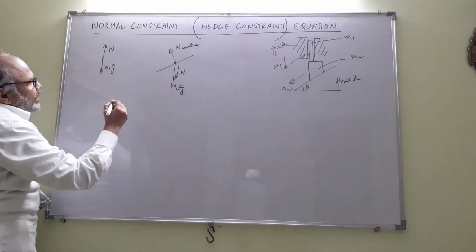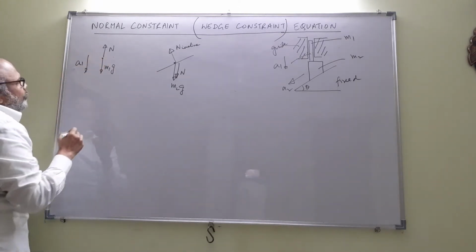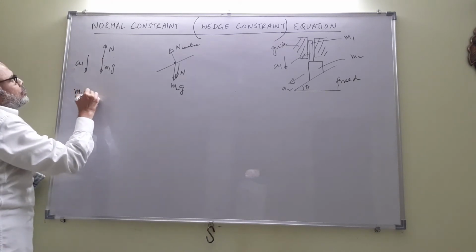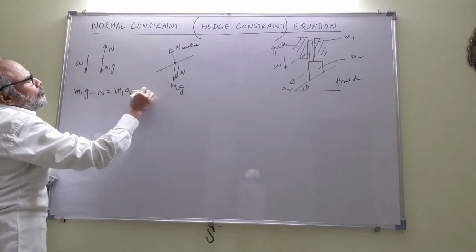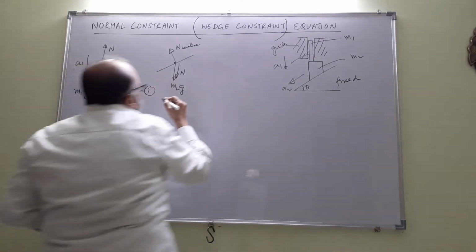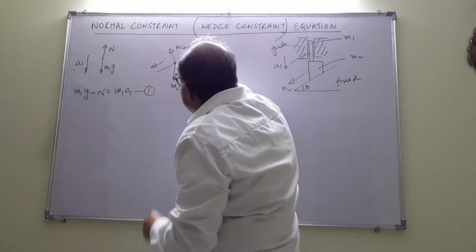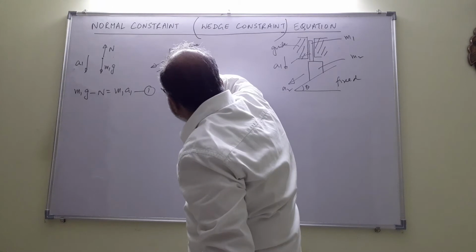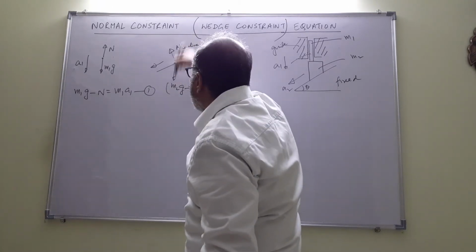So let us now write the equations. This is A1, so we can write M1G minus N is equal to M1A1, first equation. For M2, which is accelerating downward at A2, the forces are M2G plus N, both downward.